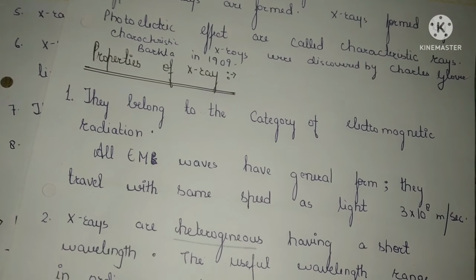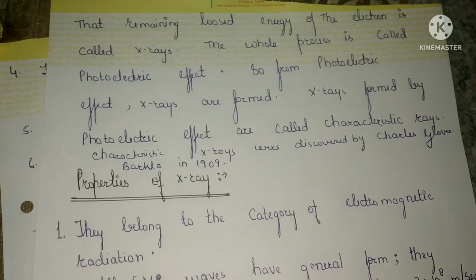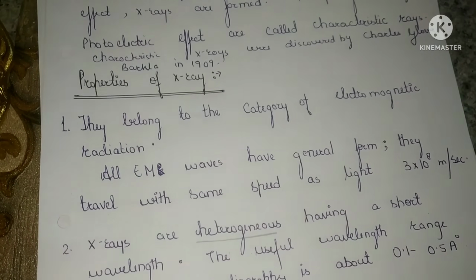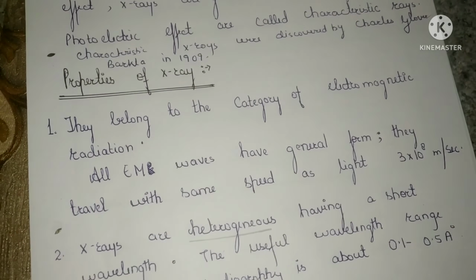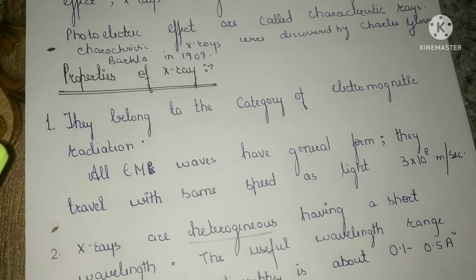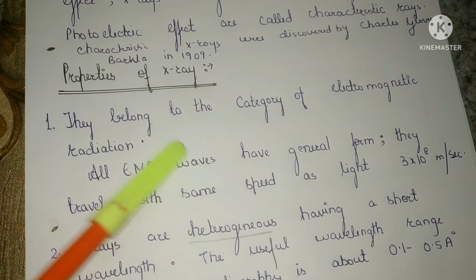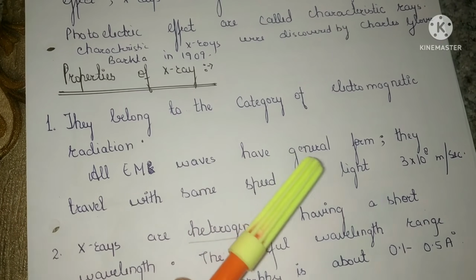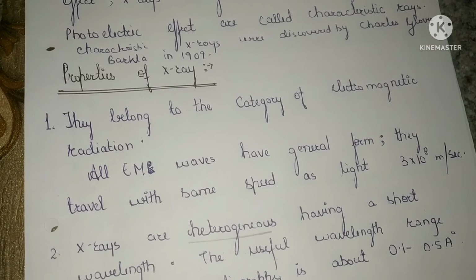Let's move towards our new topic, that is properties of X-rays. The first property of X-rays goes like this: X-rays belong to the category of electromagnetic radiations, as I have already discussed in my previous lectures.